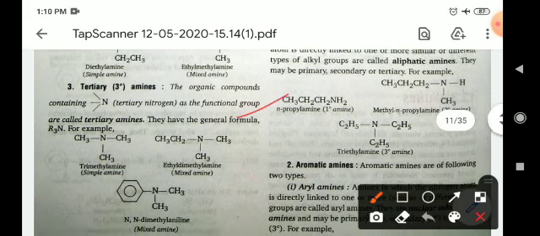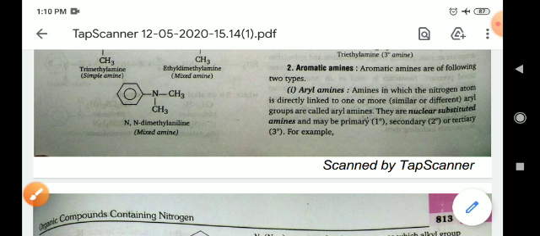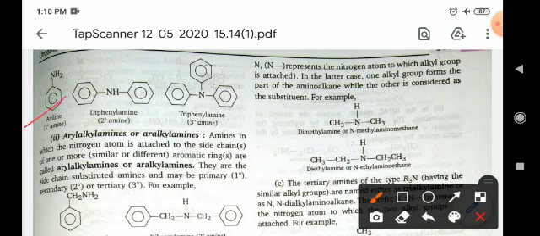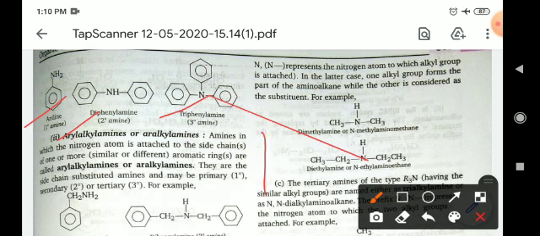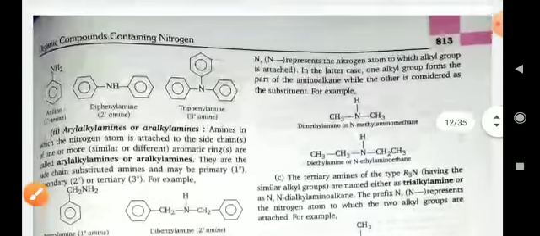For example, N-propylamine, methyl N-propylamine, or trimethylamine, etc. Second, the aromatic amines, in which the amino group is attached to an aromatic ring like benzene; then they are known as aromatic. For example, aniline, NH2 on a benzene ring, diphenylamine and triphenylamine. So these are examples of aromatic amines. These are the other examples.